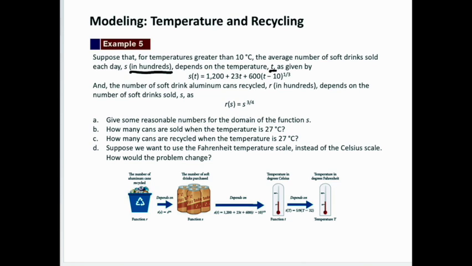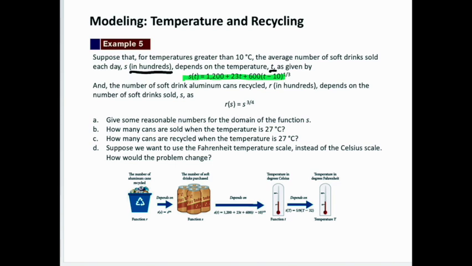It's important to pay attention to those details. And it depends on the temperature T. So here's our function right here that tells us the number of soft drinks sold at a given temperature, T.